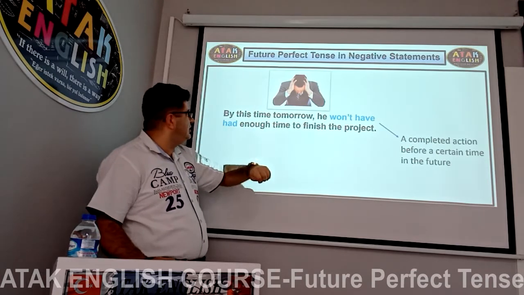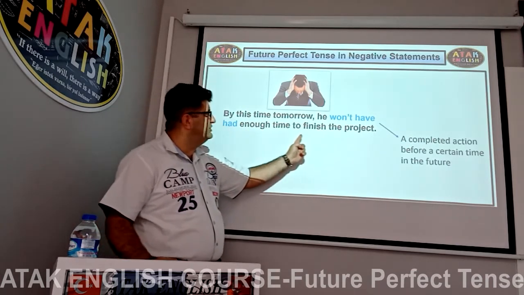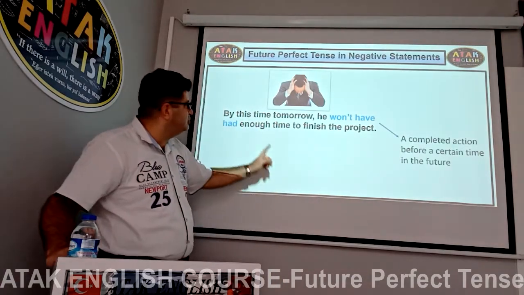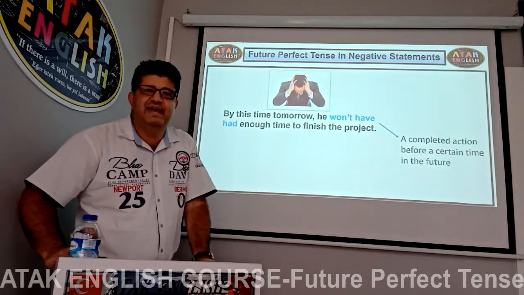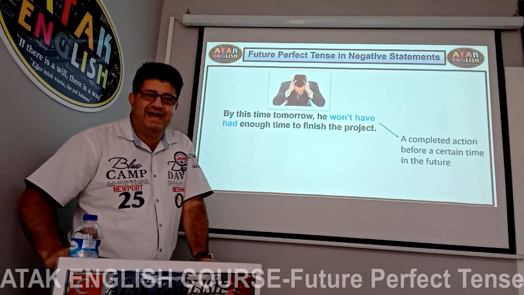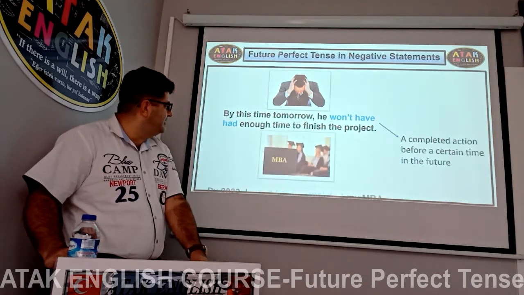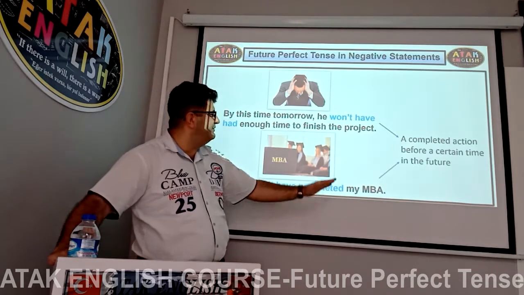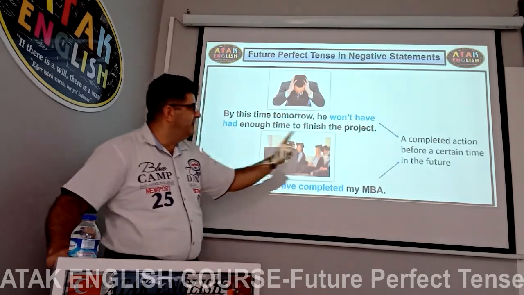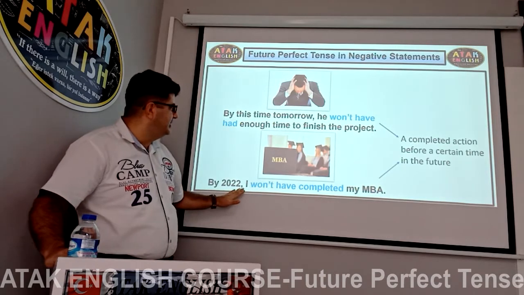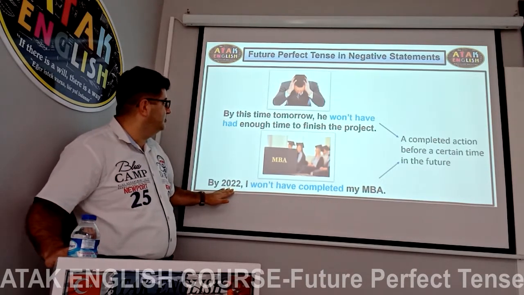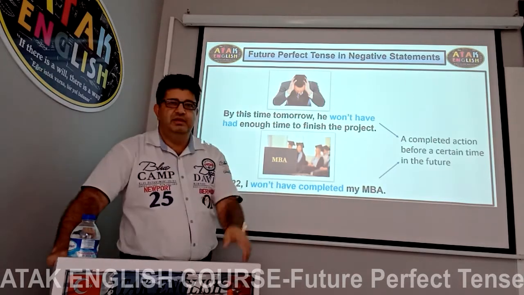By this time tomorrow, he won't have had enough time to finish the project. There is a completed action before a certain time in the future. That is the example for that. Here comes another one. By 2020, I won't have completed my MBA. Again, a completed action before a certain time in the future.